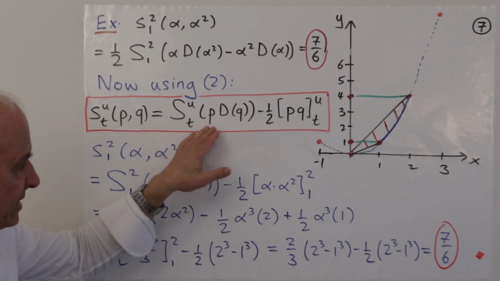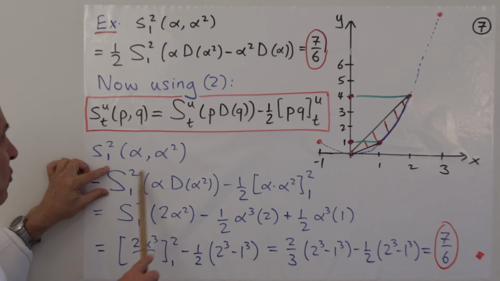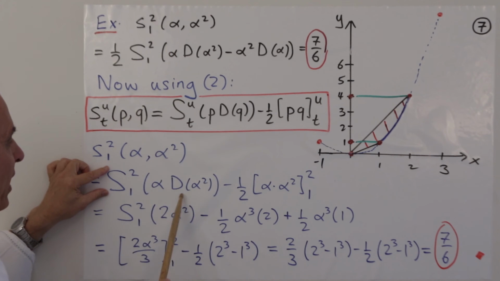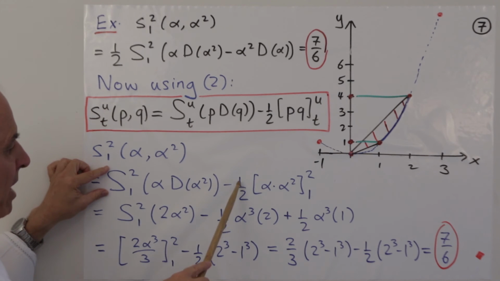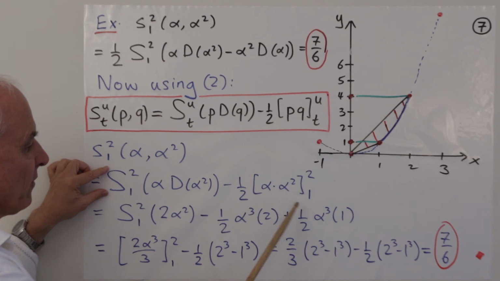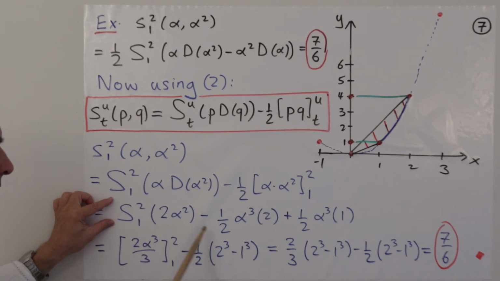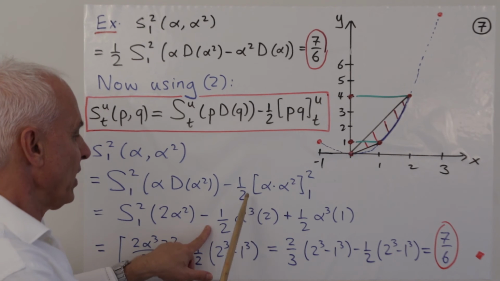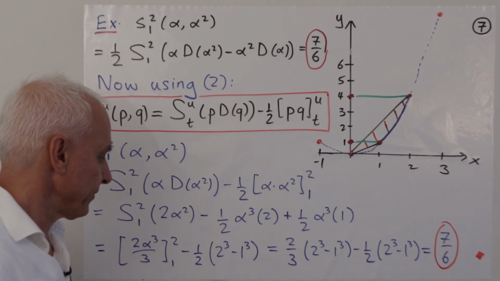So if we apply this second formula to this situation, we get that the signed area is the integral from 1 to 2 of p, which is alpha, and then we have dq, so d of alpha squared, minus 1/2 the product alpha times alpha squared from 1 to 2. Here we're integrating 2 alpha squared, and here we're taking the difference between 1/2 of alpha cubed at 2 and alpha cubed at 1.